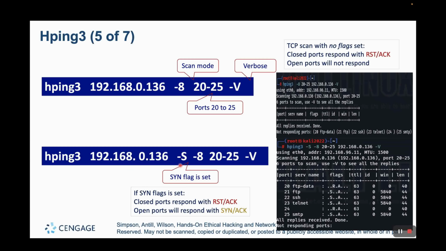It's already set with the scan mode, because I want to do scanning for these ports, verbose, and here you could see reset acknowledge. This means what? The FTP data port 20 is closed. You see that? Here's the output. A closed port responds with reset acknowledge. Now, for SYN acknowledge, open ports will respond with these flags set. So that's how the output can be seen.